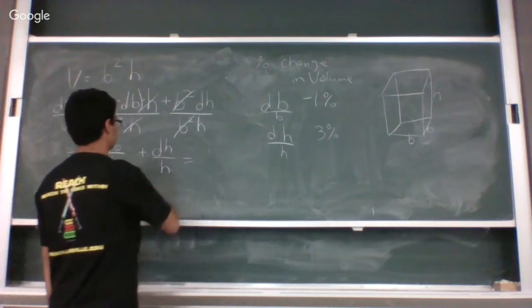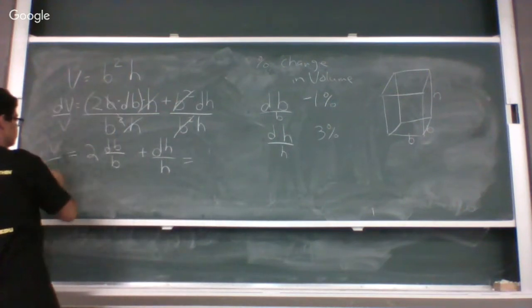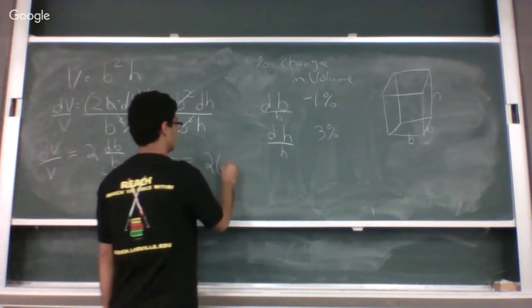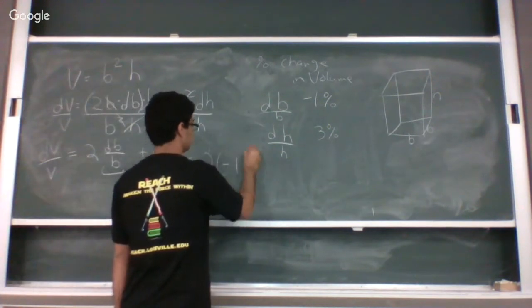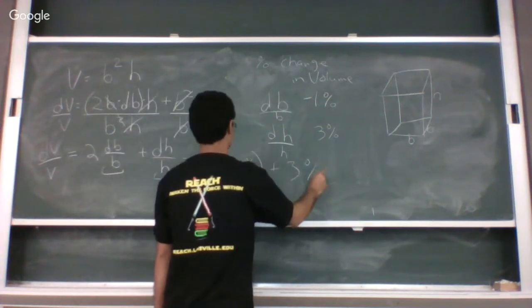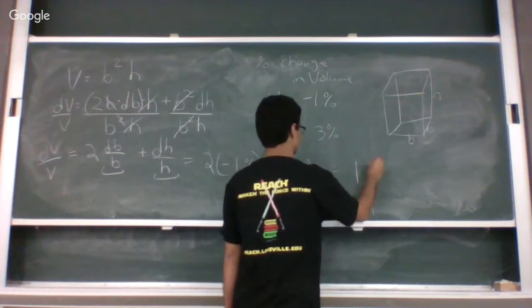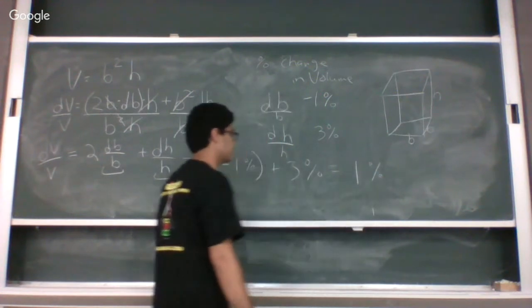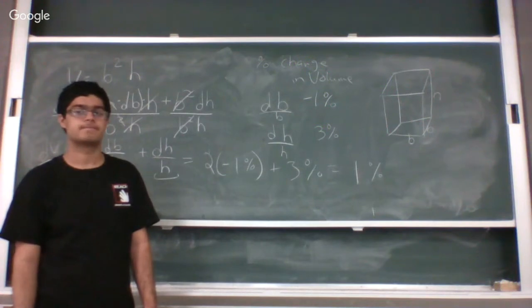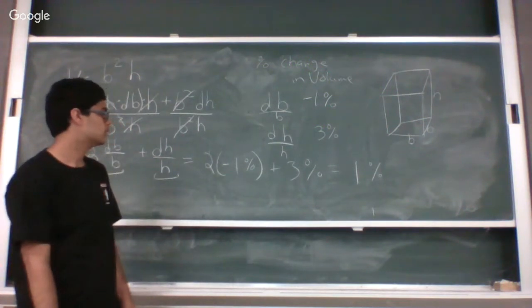We are told dB and dh, so it's 2 times -1% plus 3%. We have to multiply that by like 0.01 instead of a percent.